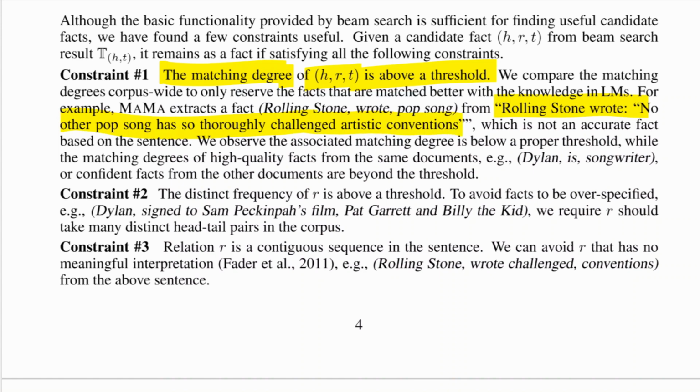And the extracted candidate fact is "Rolling Stone wrote pop song". Again, you can see it's mostly going into grammar-ish. So spaCy extracts "Rolling Stone" and "pop song", and the language model here extracts the only verb in between, "wrote".